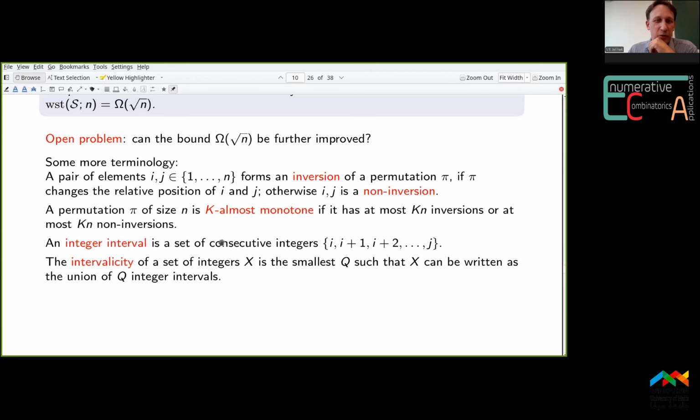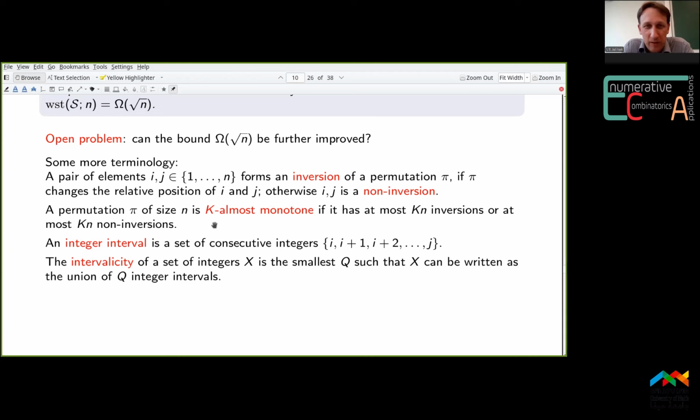And for some constant k, I will say that a permutation is k almost monotone if it has at most kn inversions or at most kn non-inversions. Imagine k to be some fixed constant and n growing to infinity.